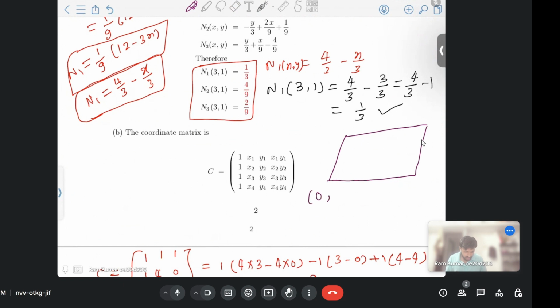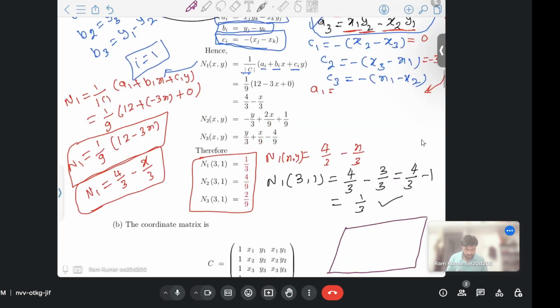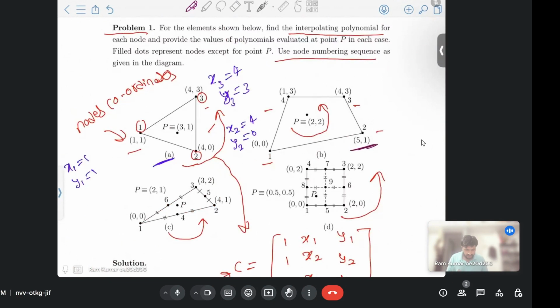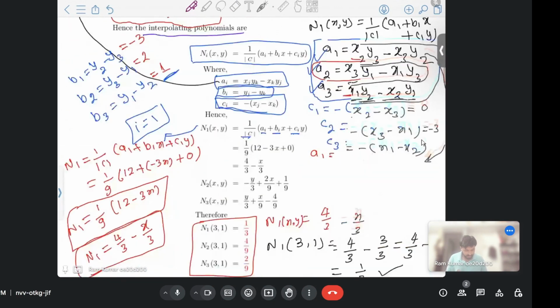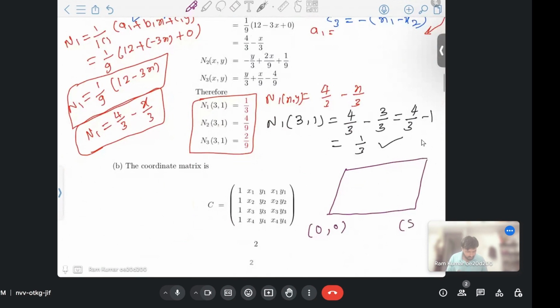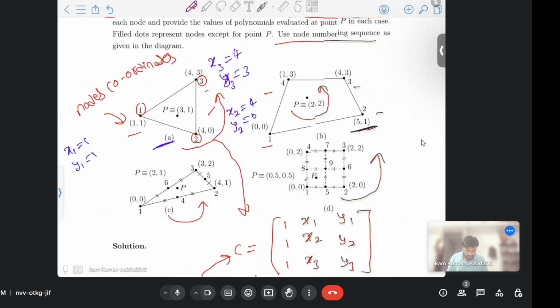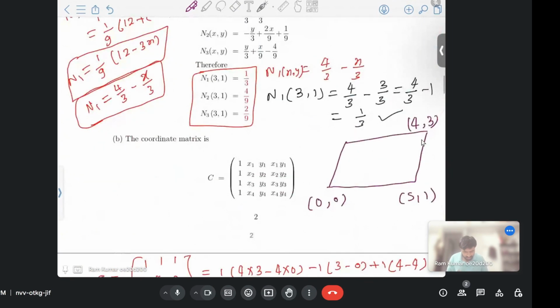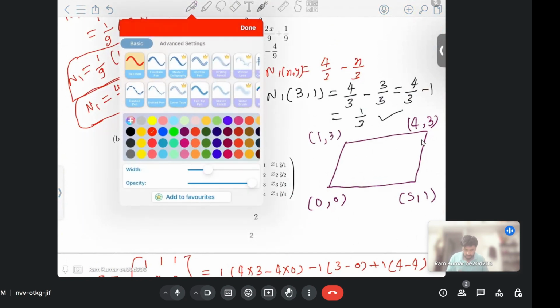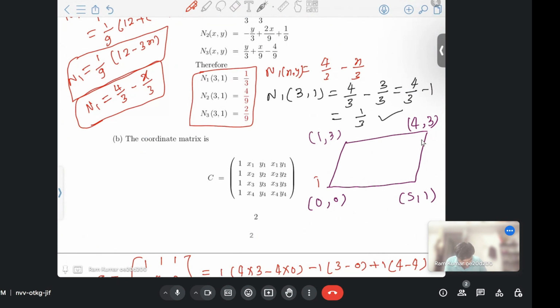This is (0, 0), then (5, 1), then (4, 3), and this one (1, 3). This is node number 1, node 2, node 3, node 4.